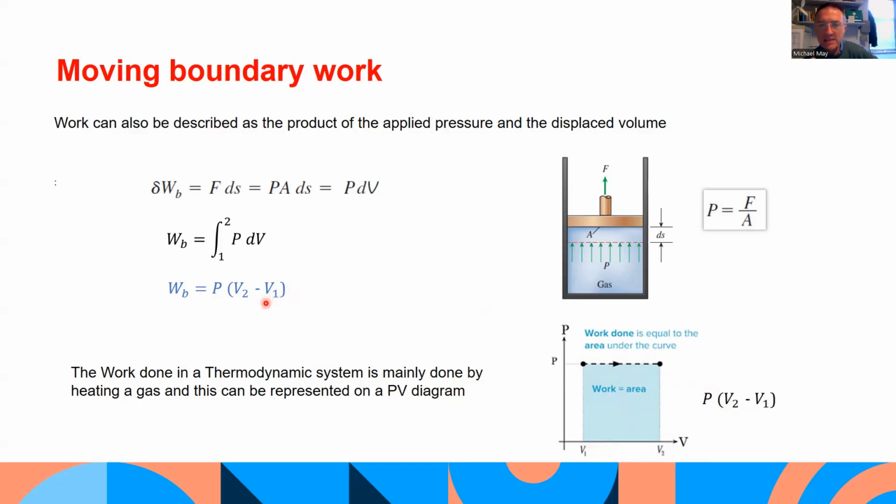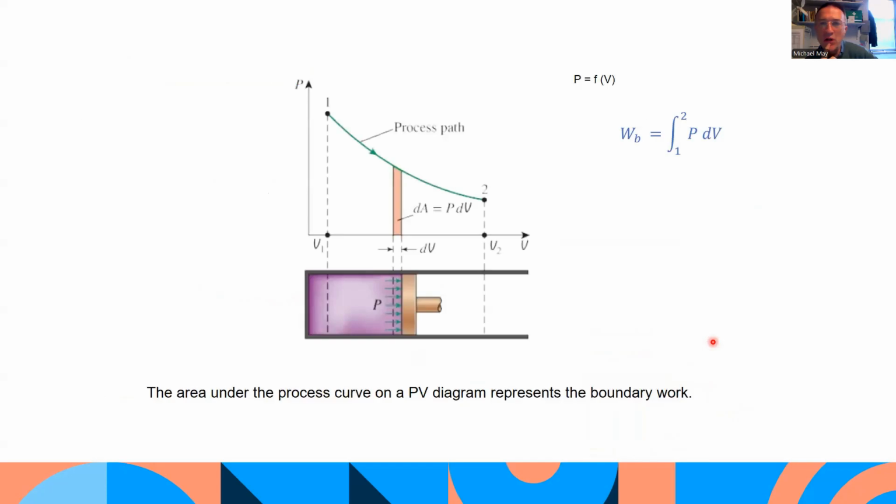So what we can say is that if we get the area under a process path here, we get the work done during that process. Unfortunately, not all processes follow straight lines, and most of them will follow curved lines like this. So what we need to do is get the equation of that line and integrate it between the two states to get the work done during this process.